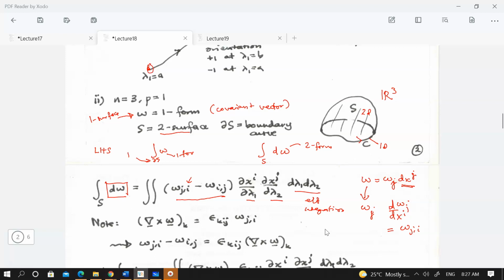But if you look at this, okay, this actually gives you one of the components of your curl of omega. So if you write the curl of omega with the component k, it is given by epsilon k I j omega j comma I. Or I could have written this in another way, epsilon k I j, so that you don't get confused with these indices here.